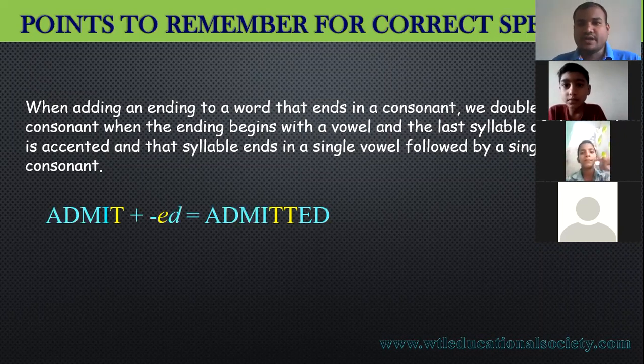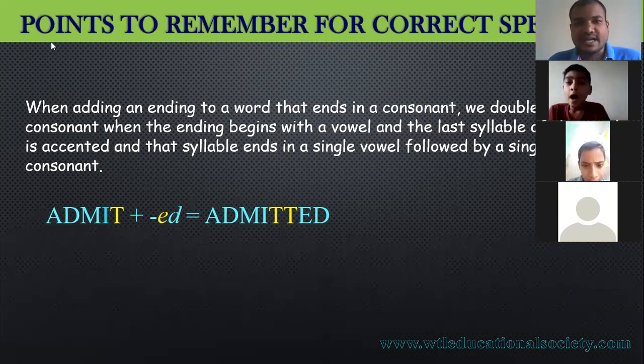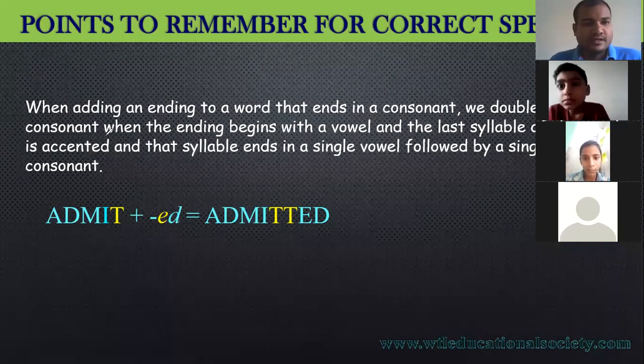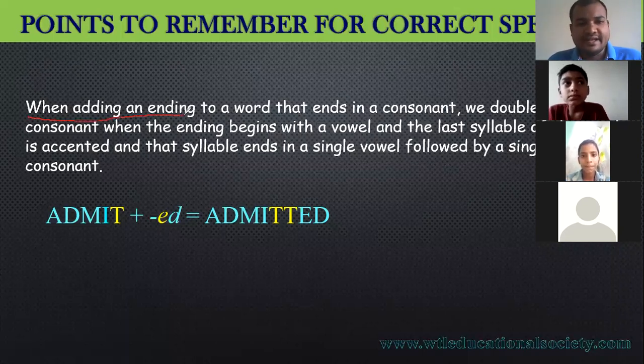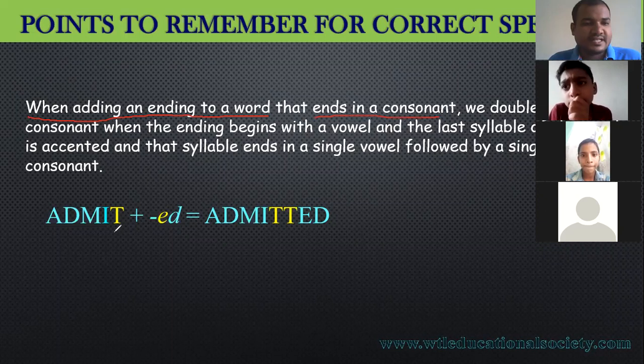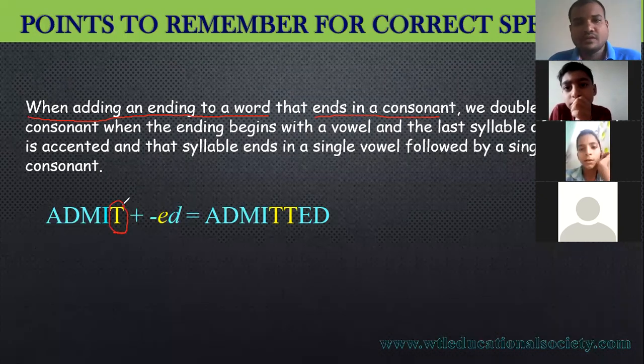So now look at the examples. All of you just look at the examples. First look at the example, then try to understand. So what is meant by the doubling concept? Okay. So when adding an ending to a word that ends in a consonant. So now just understand the word admit, ending with a consonant.